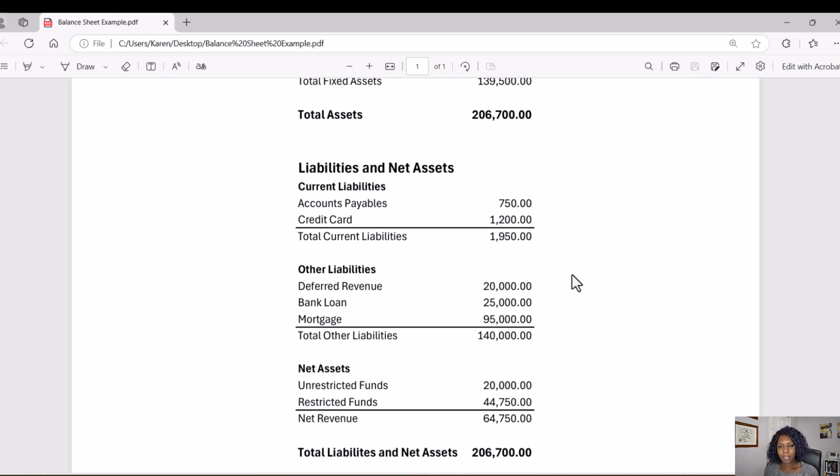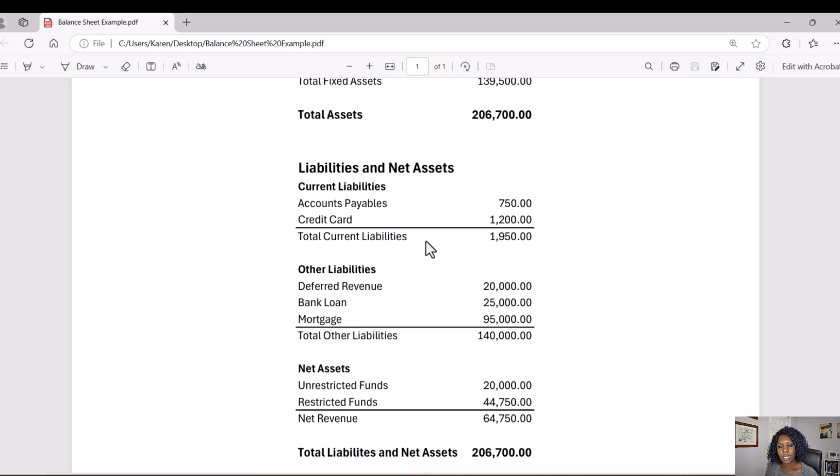Then you have a bank loan. This is bank loan, mortgage. These are debts that are incurred, and you typically just have to make a monthly payment for these types of debts. So these types of liabilities will go at the bottom of the list when it comes to liabilities.